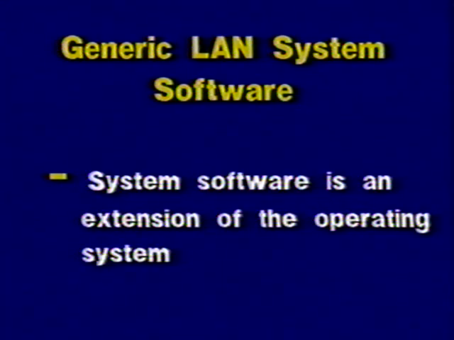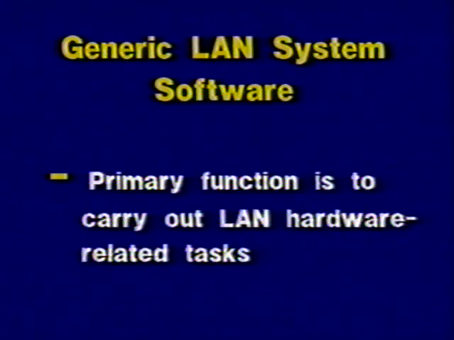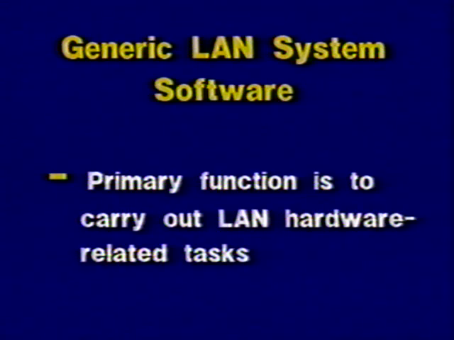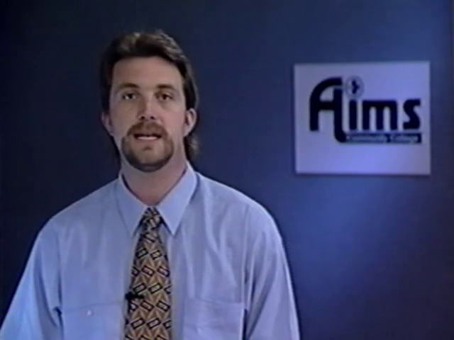And the computer has to have some way of knowing how to access that peripheral, in this case the local area network. And it's the LAN system software that facilitates the communication between the computer and the network. The primary function of LAN system software is to carry out LAN hardware-related tasks. What this means is interfacing to the medium, actually putting data from your computer memory onto the LAN media.